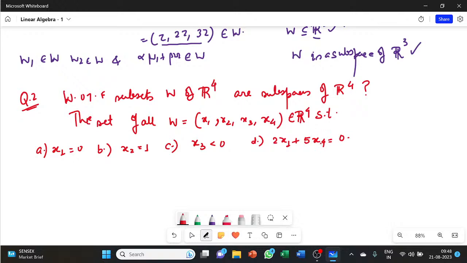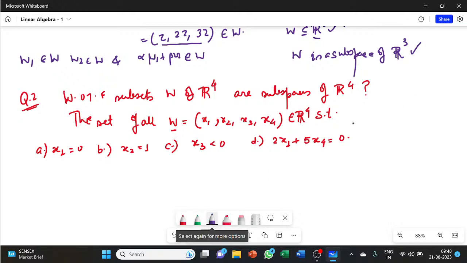So the question is, for which of the following cases do you think there would be a subspace? Let's say I'm considering a set W given by x1, x2, x3, x4 such that the first element, x1, is 0. Will it form a subspace of R raised to power 4?